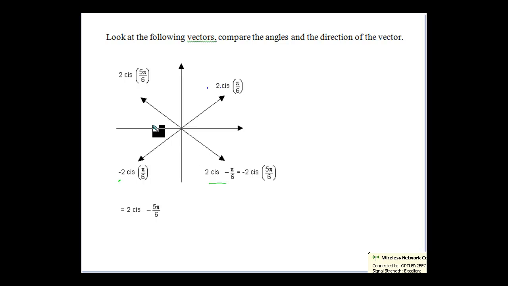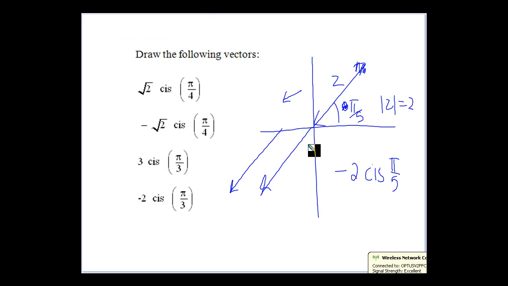So it's important to be able to tell which ones are negative, because later on we want to add and subtract, and as you can see, it moves in the opposite direction. Now drawing up the following vectors, we see root 2 cis pi on 4. The starting point would all be the origin, so that's where they all end up.